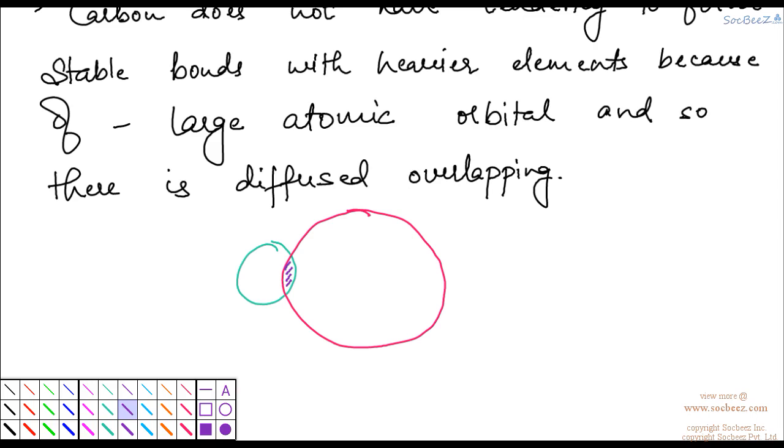If this is carbon and this is, say, lead, then the atomic orbital of lead would be quite large, but that of carbon would be very small. So the intermixing part would be quite less.